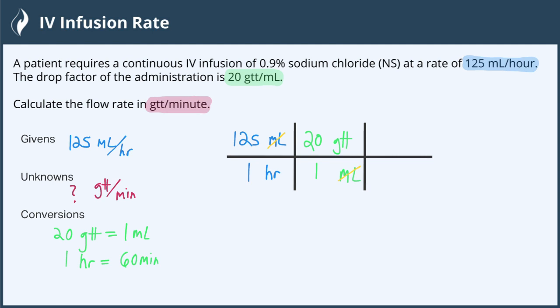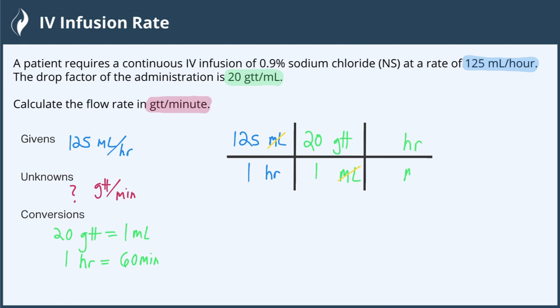So now we have drops on the top and hours on the bottom. But when we look at our unknown, we want drops and we want minutes. So that means that we still need to convert the hours into minutes. To do that, we're going to use our other conversion rate. We have 1 hour equals 60 minutes. Because our table already has hours in the bottom, we're going to put hours in the top so that it cancels.